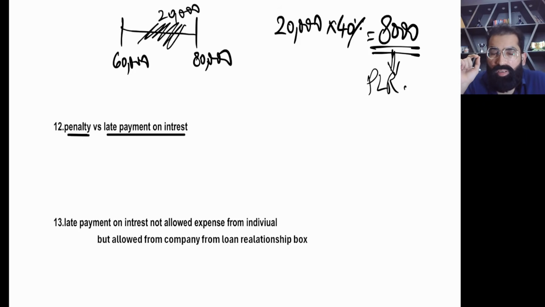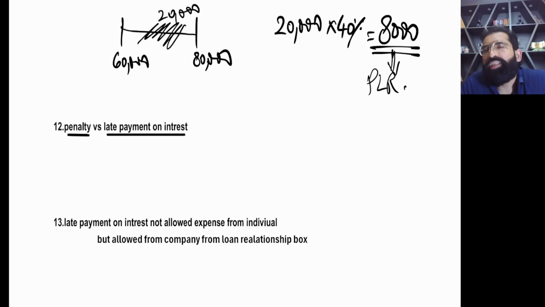Penalty is only applied when you pay balancing payment late, but late payment interest is applied on both cases: if you pay payment on account (POA) late or balancing payment late.